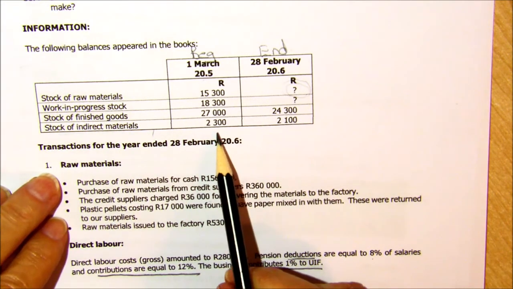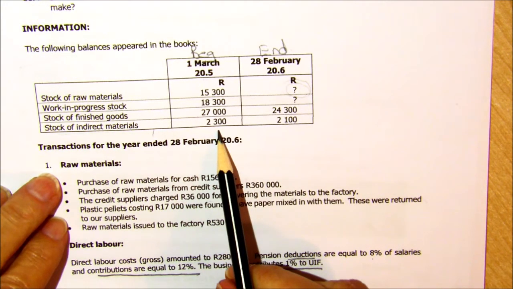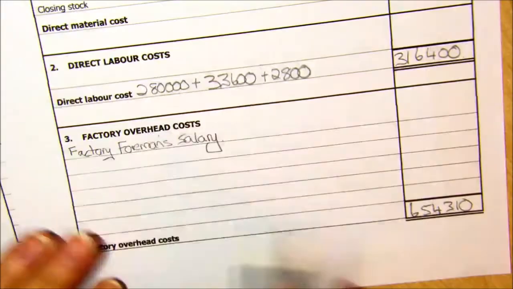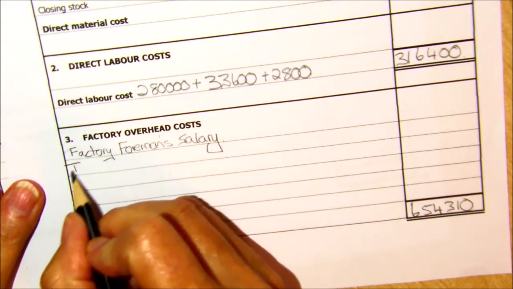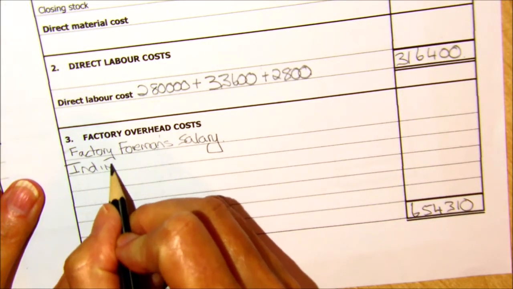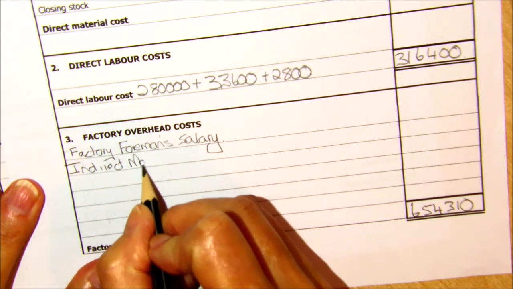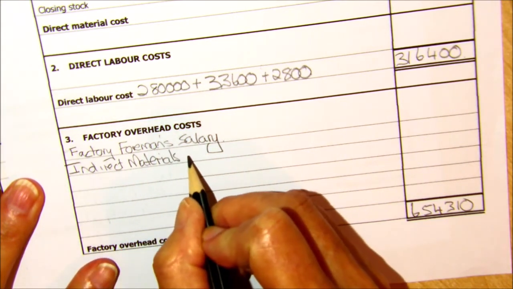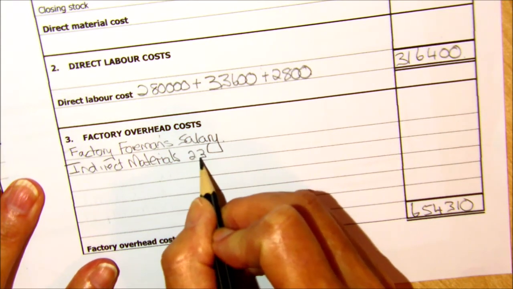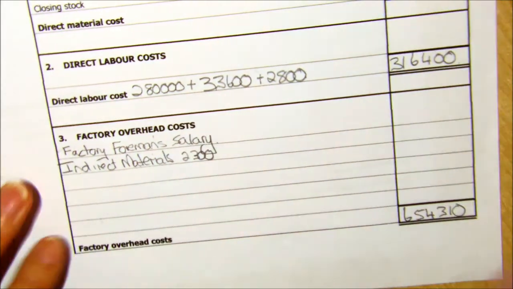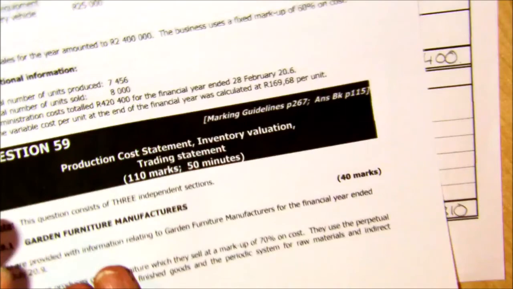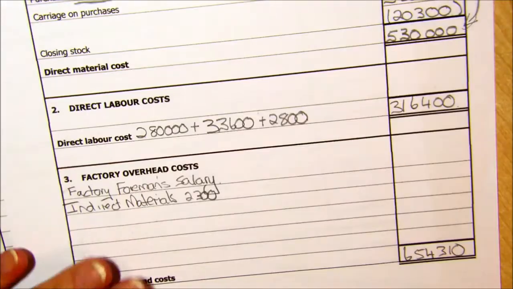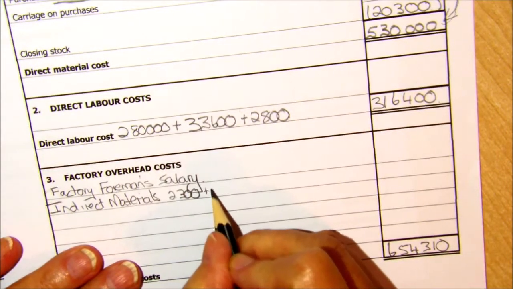So in other words, we're starting off the year and we've already got indirect materials here. We started the year with 2,300. It then told me that I purchased another 17,600. So I'll add on what I've purchased.